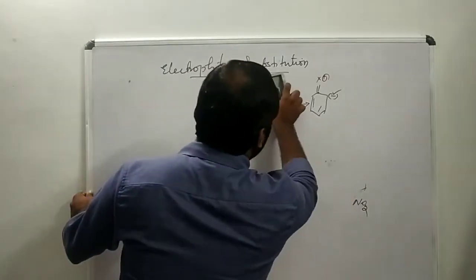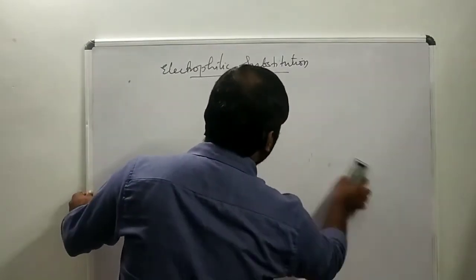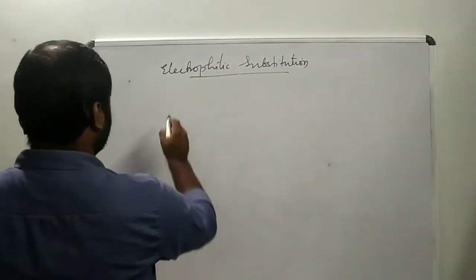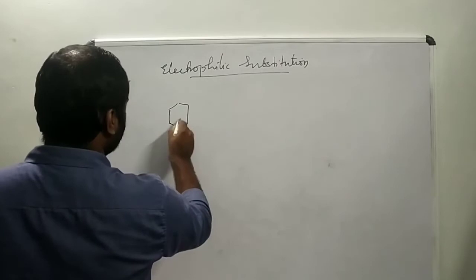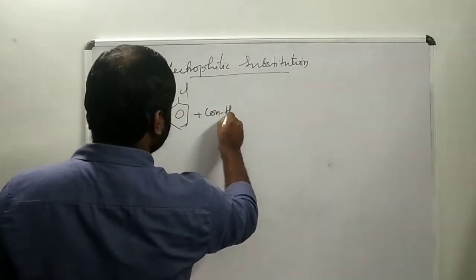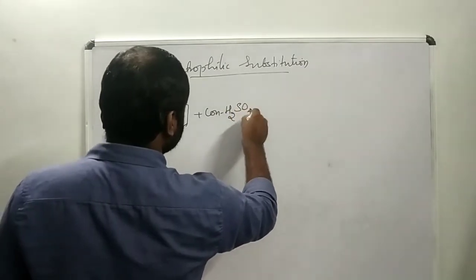How do these haloarenes react in sulfonation, or what is the product obtained when chlorobenzene reacts with concentrated sulfuric acid?